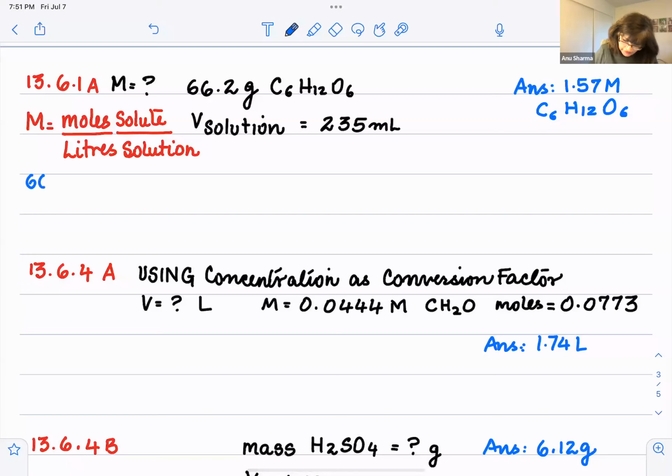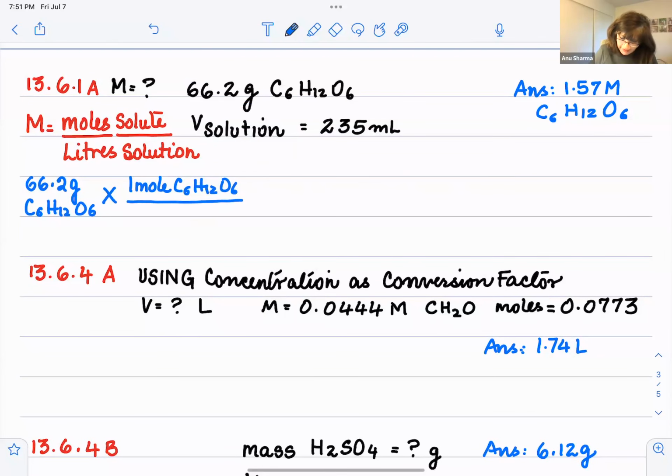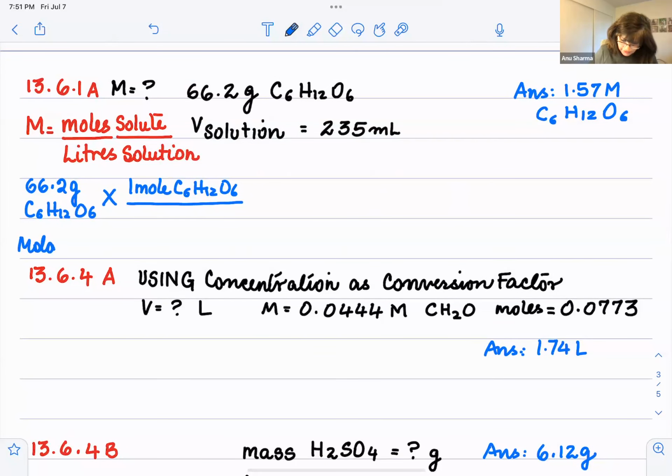Now if you're given grams, you need to convert to moles. So 66.2 grams of C6H12O6 times 1 mole of C6H12O6, divided by the molar mass. The molar mass you can calculate on the side. The molar mass of C6H12O6 is, I think, 180.16 grams per mole.